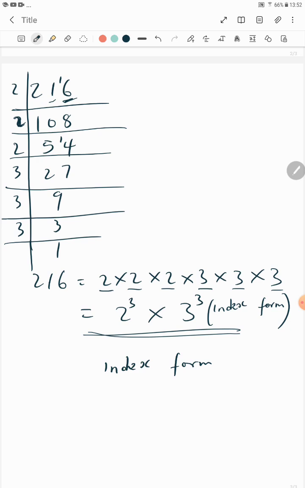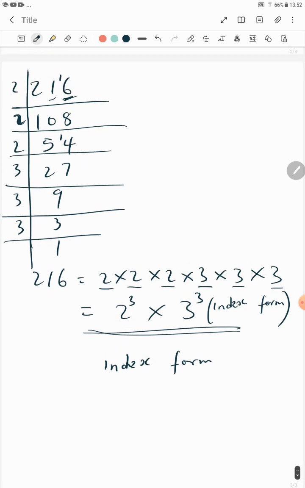I hope you have a good understanding of what we have done in today's class. If you have any number that is giving you some challenge with writing it as a product of its prime factors, you can drop it in the comment section and we'll look at it together.